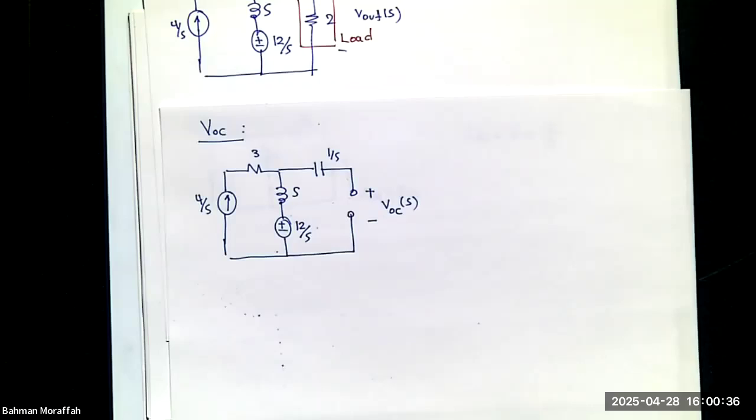Therefore, this 4 over S, which is my current source, is going to entirely flow through this S. Then do you agree I know the voltage across this S? What is the voltage across this S?